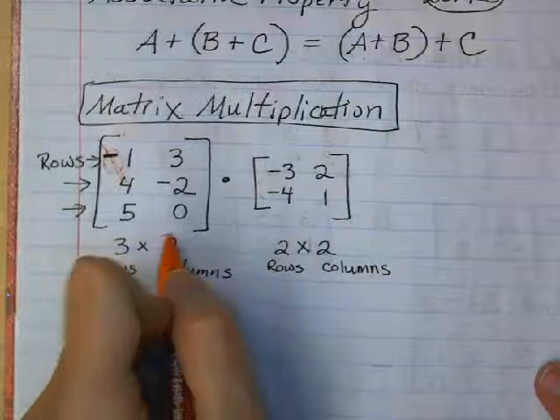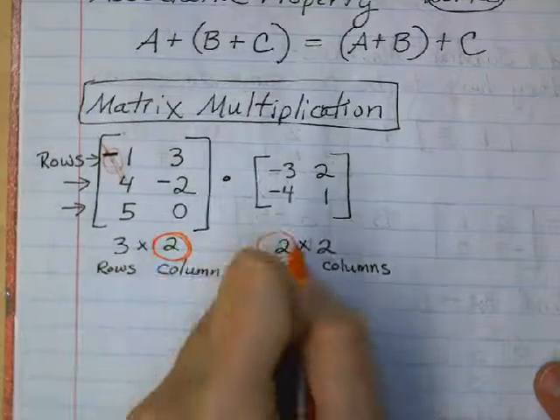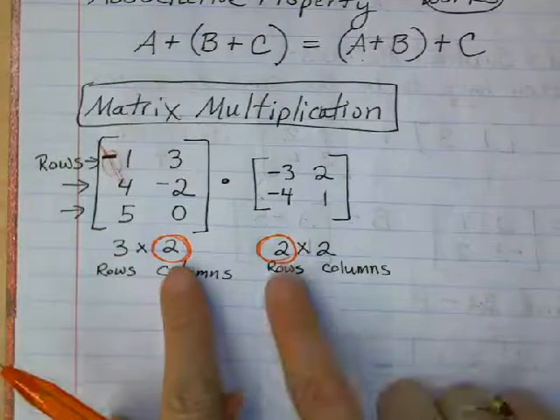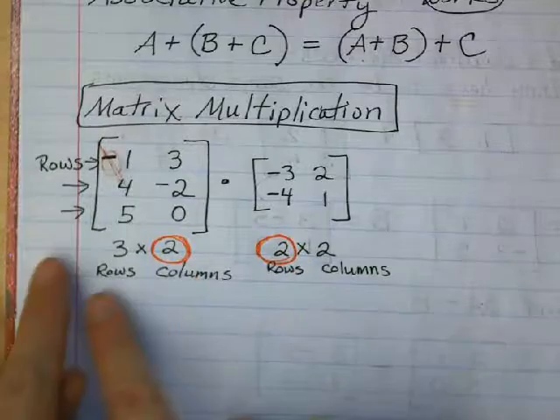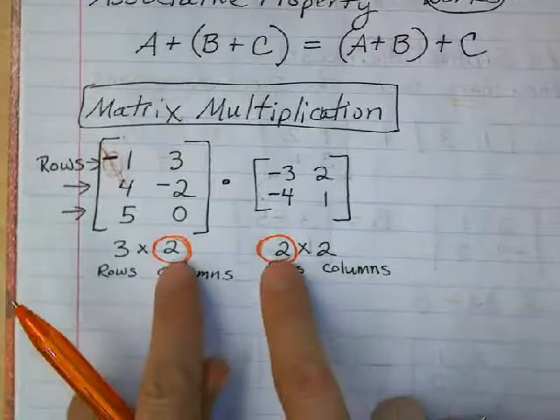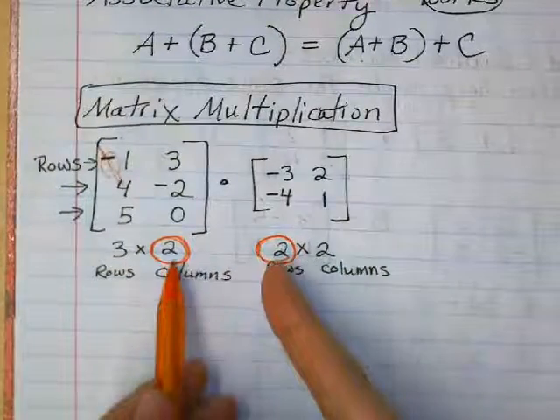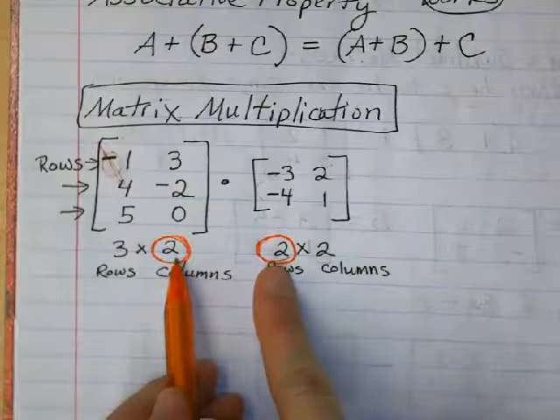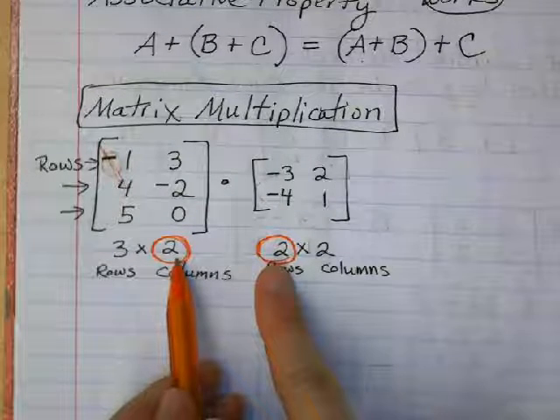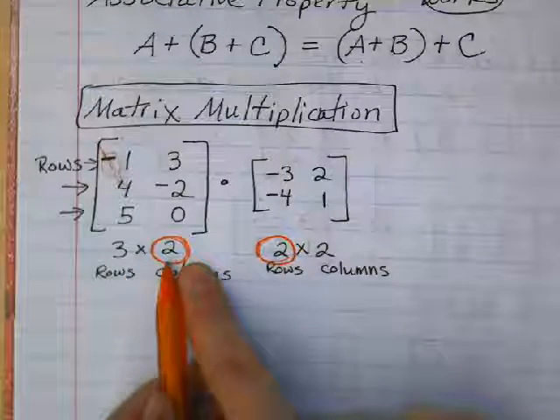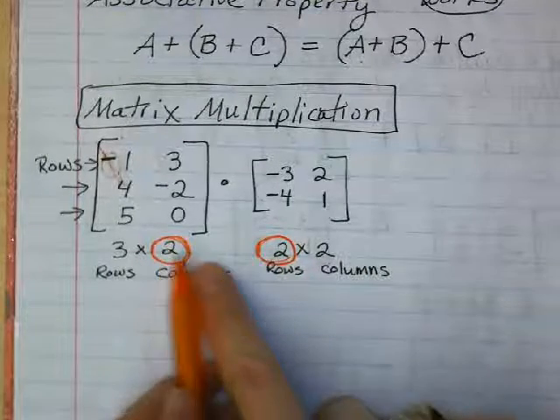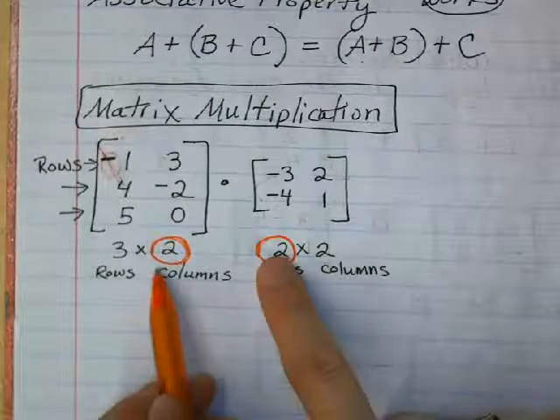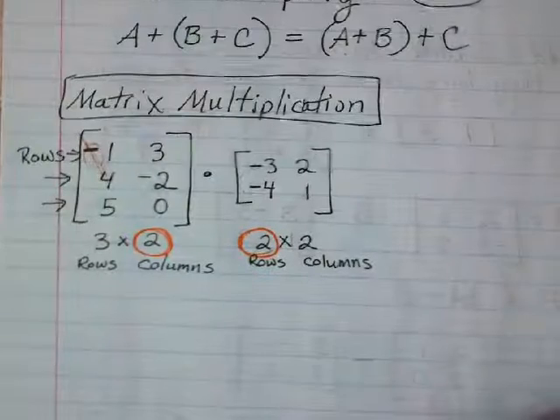This column number has to match this row number. These match, so I can do it. You write the sizes down and look at the inner numbers. If these match, you can do it. Rows and columns, rows and columns.